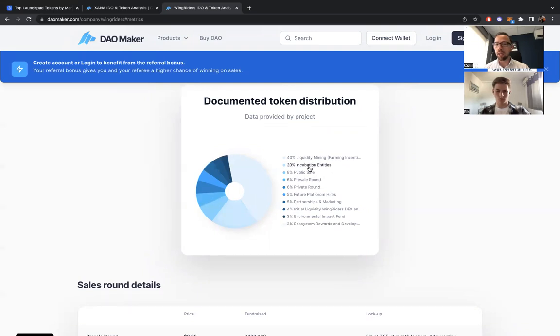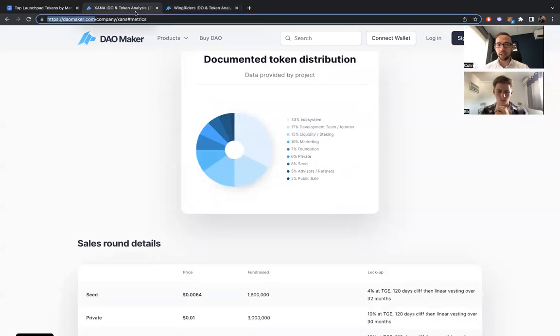But what does incubation entities, what does that mean, right? There's no fixed name that all of the projects use for that allocation. So when you look here, ecosystem, what does that mean? There must be in the white paper a small explanation, but these companies like to keep this broad so they can deploy the funds as they see fit. Does that make sense? Yeah, absolutely.